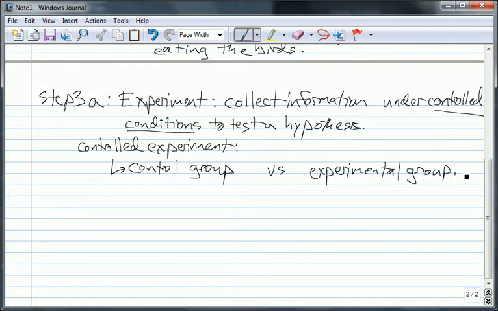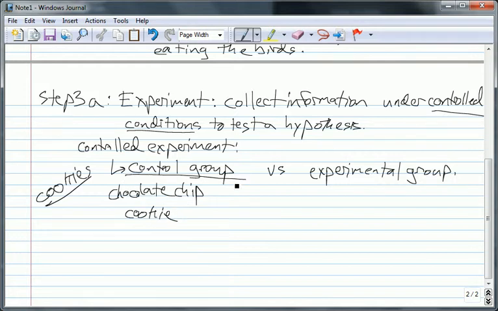Now, one way you might think of this is if we talk about cookies. Our topic here is going to be cookies. A control group might be a standard chocolate chip cookie. All right, that's our control group.